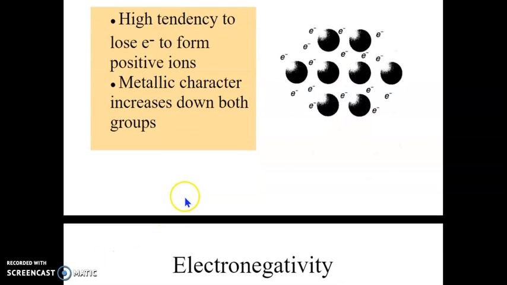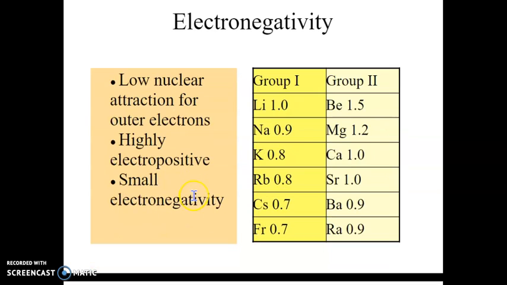Now the next property is electronegativity. It is the ability or capacity to attract the shared pair of electrons towards itself, that is, low nuclear attraction for outer electrons, highly electropositive, small electronegativity.